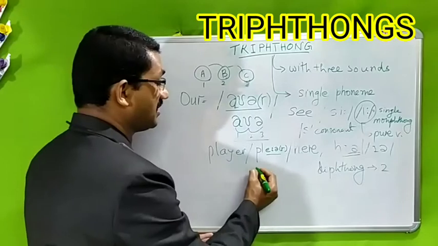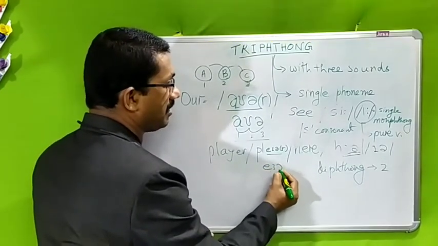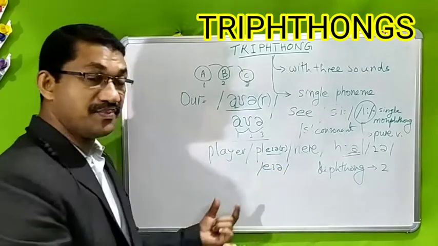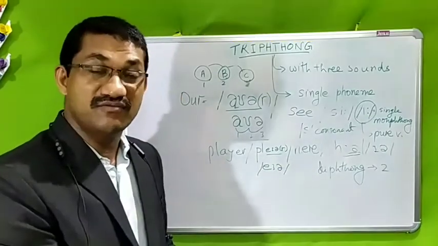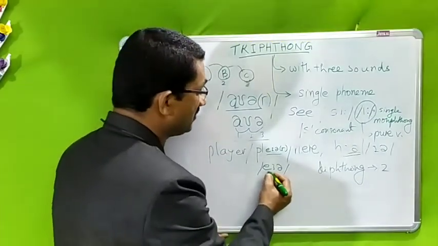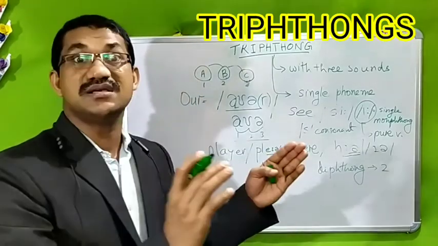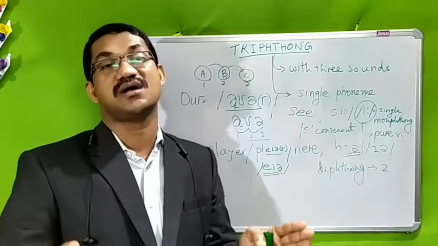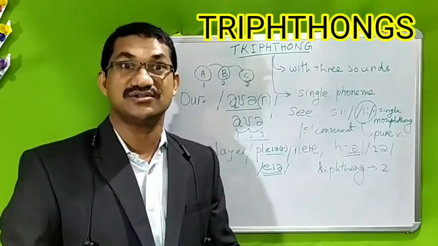Let's understand that. Alright, so this particular diphthong A is followed by another vowel, and it is pronounced or articulated in a sequence, and it is considered a single sound, and such a sound is in fact known as a triphthong.